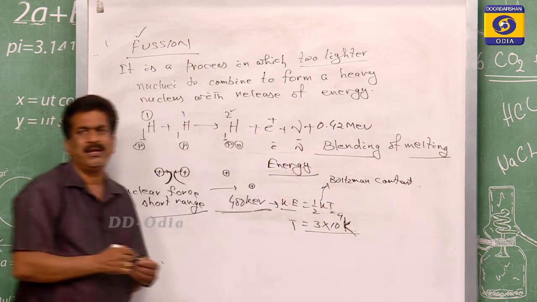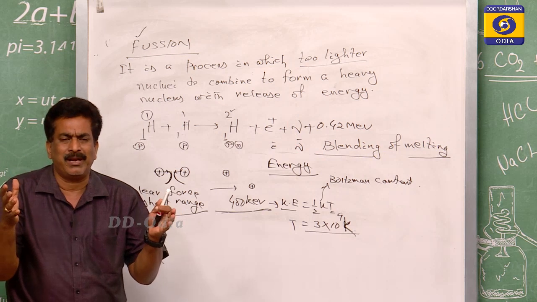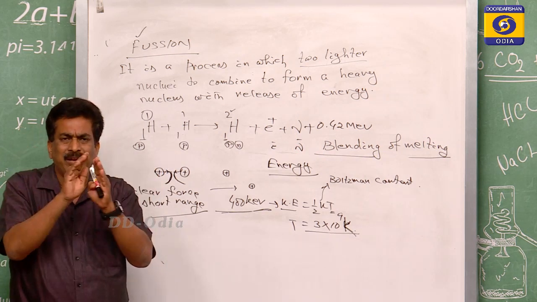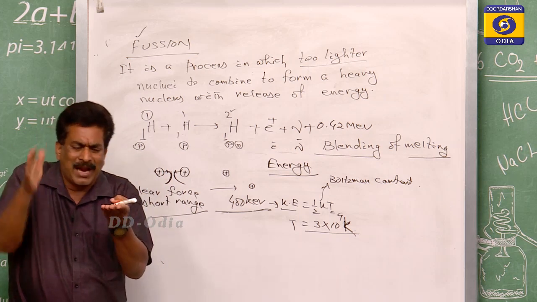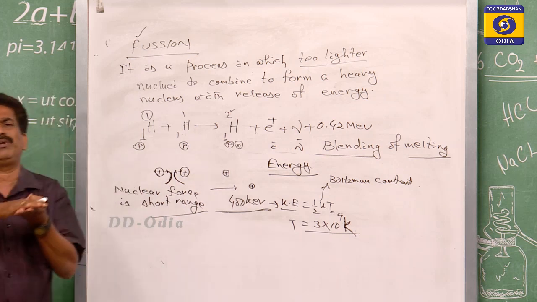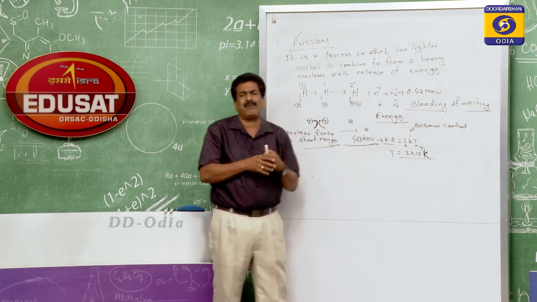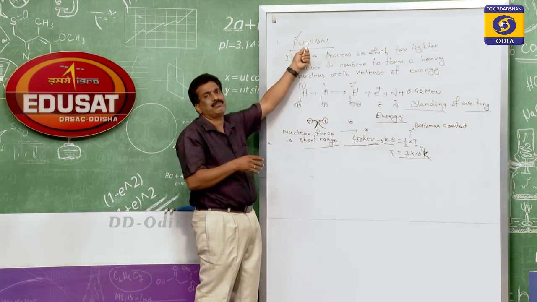Blending of melting means if two heavy elements are taken and supplied with a large amount of heat, then there is a chance of melting, and when they melt, they are pressed together, and that type of process is the blending of melting. That is nothing but the nuclear fusion process.